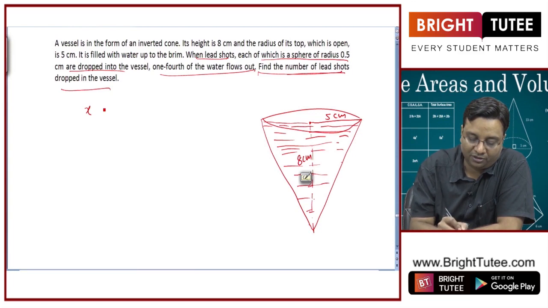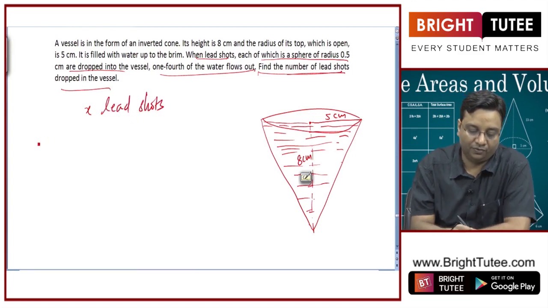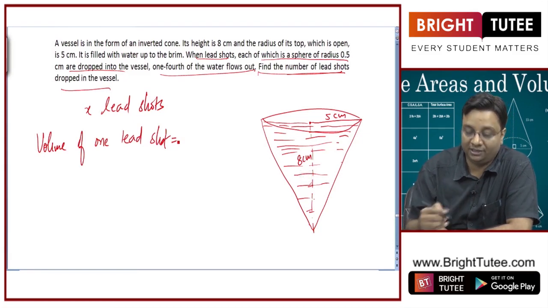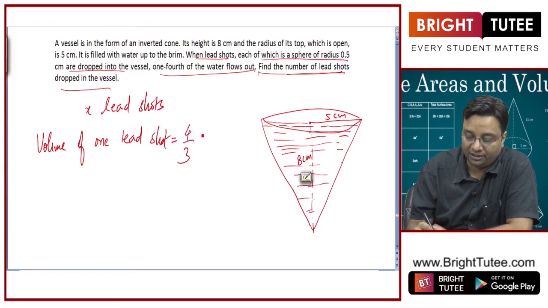So let us say we have got X lead shots. Volume of one lead shot is equal to, lead shot is spherical in shape, so it is equal to 4/3 pi radius cubed. Radius is 0.5, so 1/2 cubed.